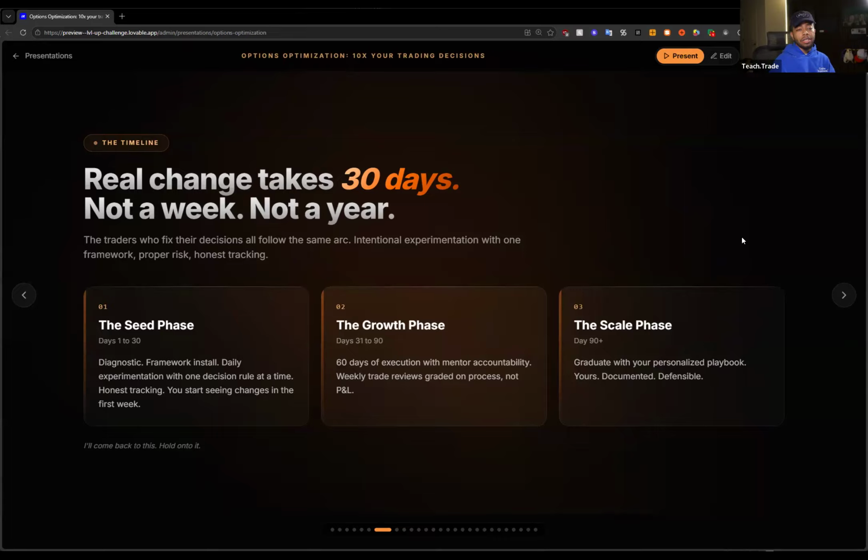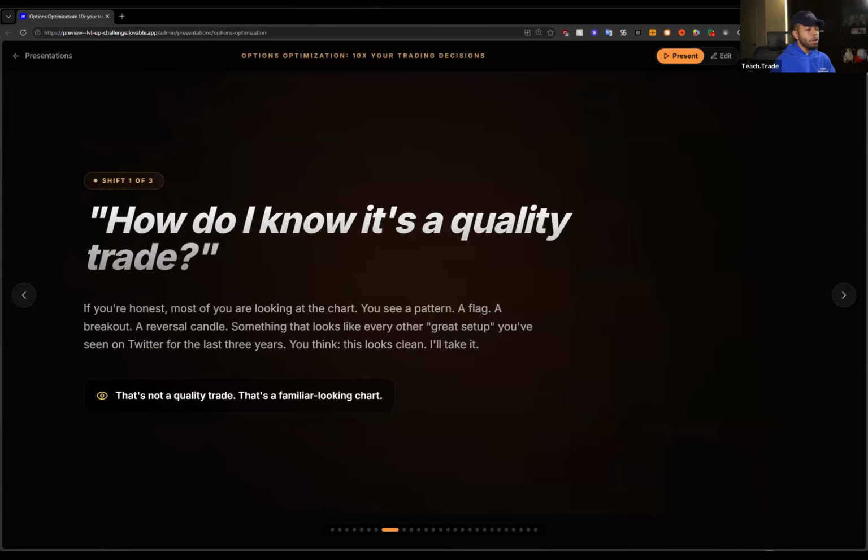Oftentimes there's a growth phase that follows afterwards, where you take those findings and apply them in a way that you can develop some real outcomes for your portfolios and for the consistency that you're looking to find and set in stone. And then lastly, following that is how we scale, right? I want to walk through a couple of these in today's session so that you are able to walk away knowing that pathway for yourself.